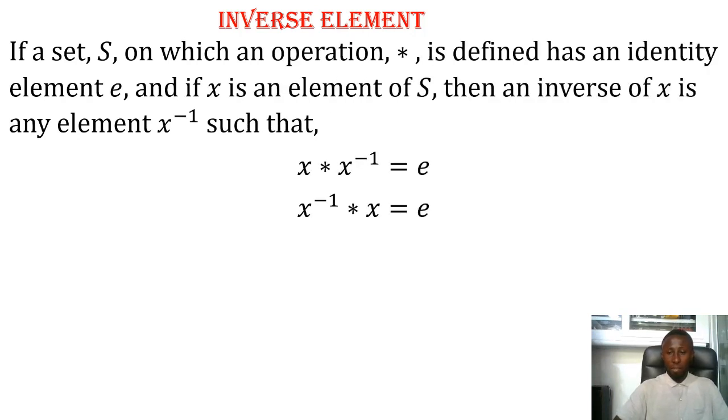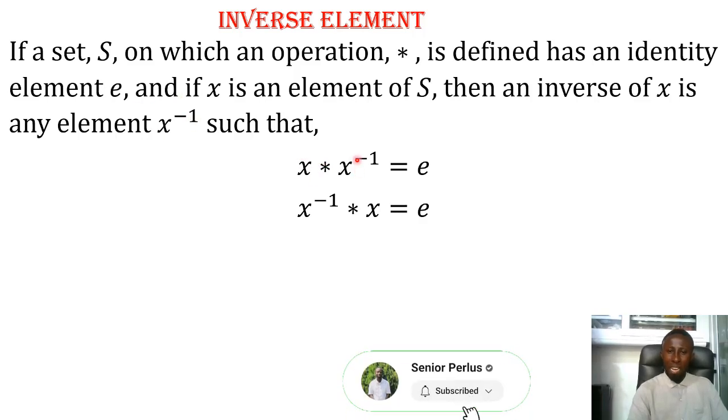Now, if a set S on which an operation star is defined has an identity element E, and S is an element of S, then an inverse of S is any element S to the power -1 such that S star S to the power -1 equals E. So S star the inverse of S equals the identity.